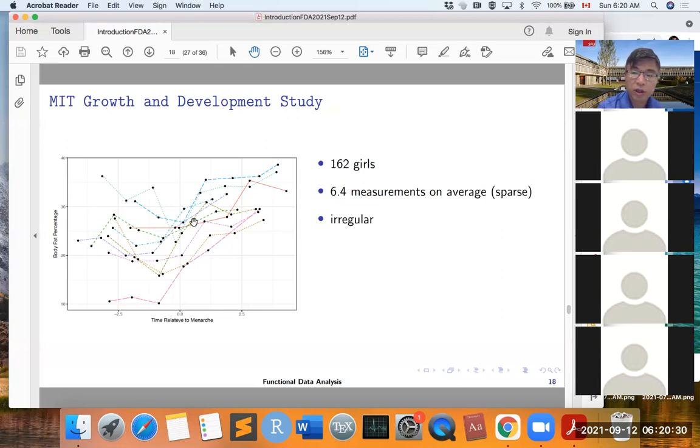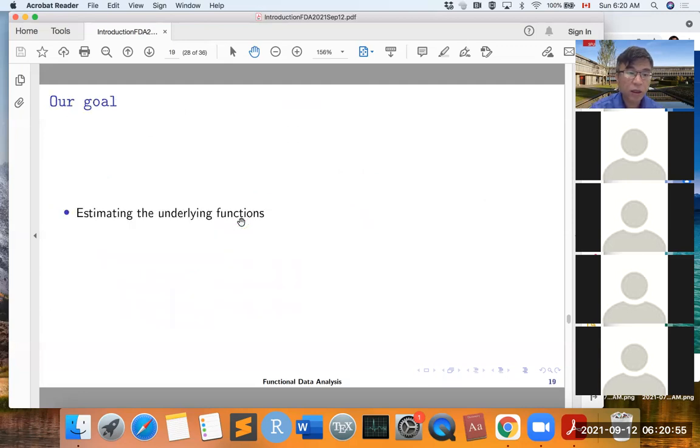So we call it sparse functional data, and the measurements are also irregular. You can see here the times at which the percentage of body fat is measured are different for different girls. So we call it irregular measurement.